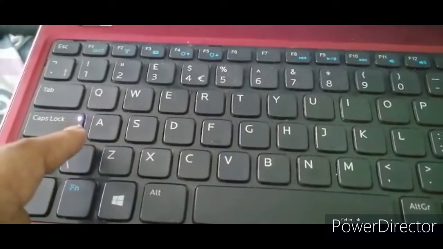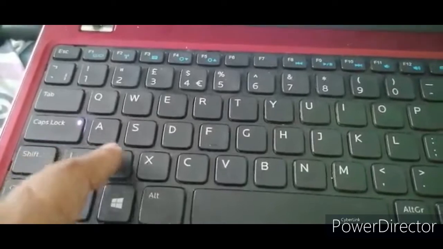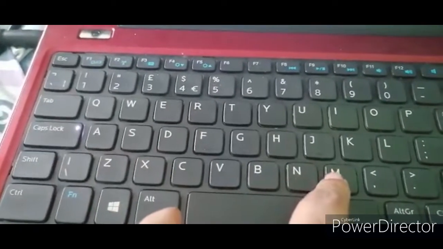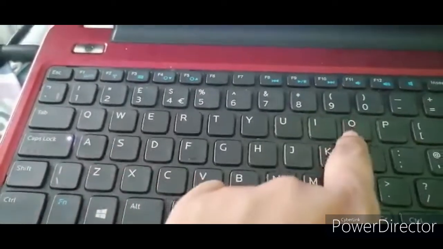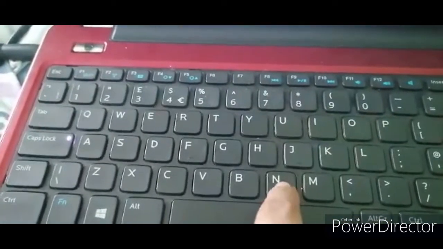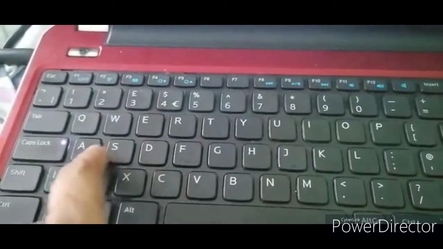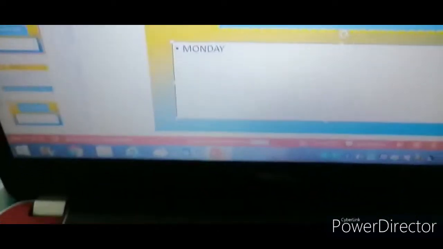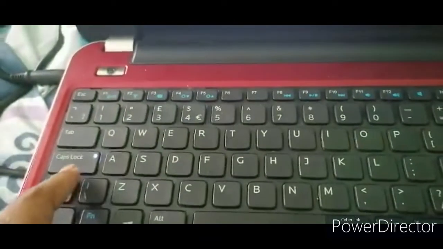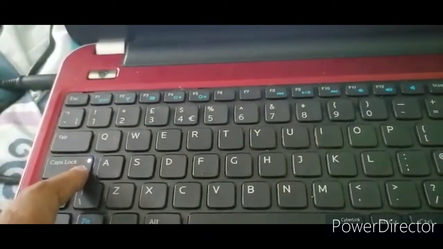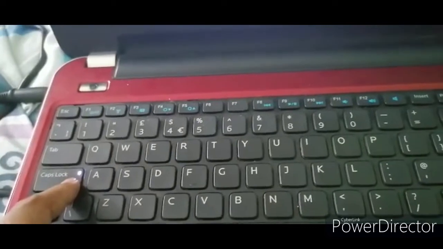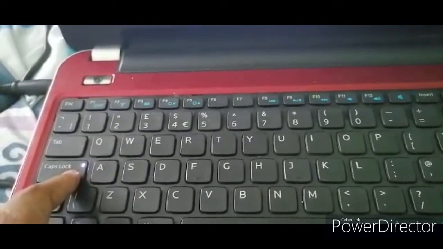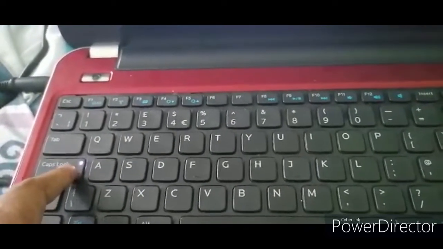It is on, and we press Monday. M-O-N-D-A-Y, Monday. As long as the caps lock is on, you will obtain capital letter.